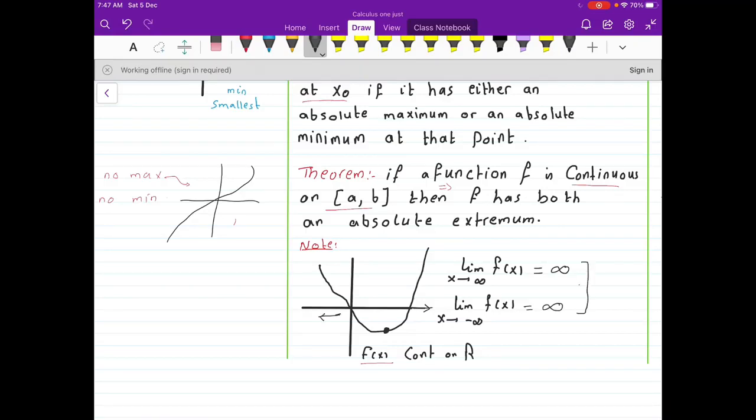This function has an absolute max or minimum if the behavior of the function goes to infinity as x approaches infinity and as x approaches minus infinity. Obviously from the graph, f of x has an absolute minimum. Notice the absolute minimum is at the point x naught, so the absolute minimum occurs at the point (x naught, f(x naught)).